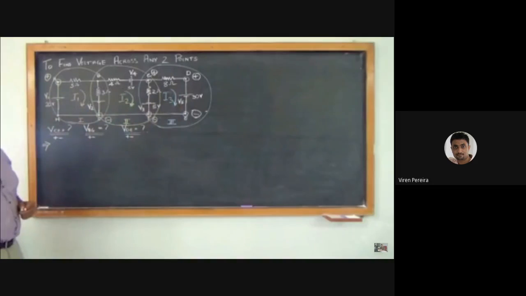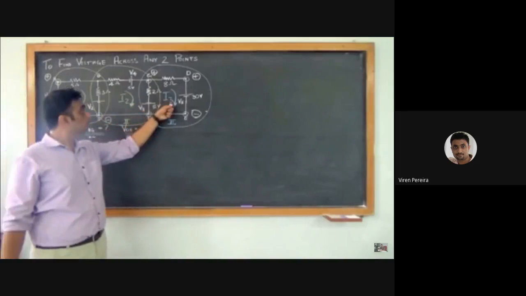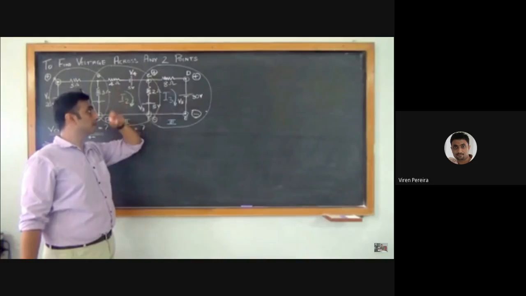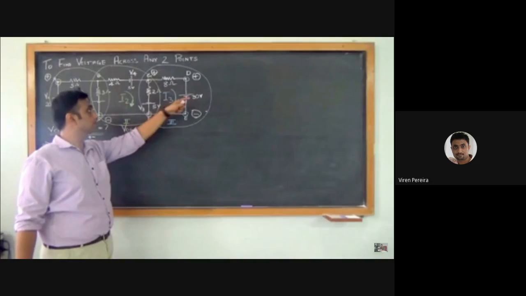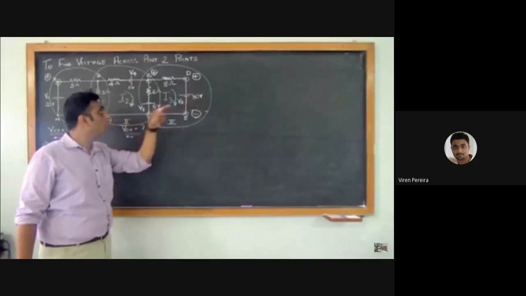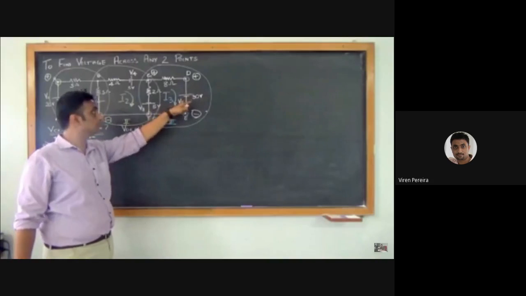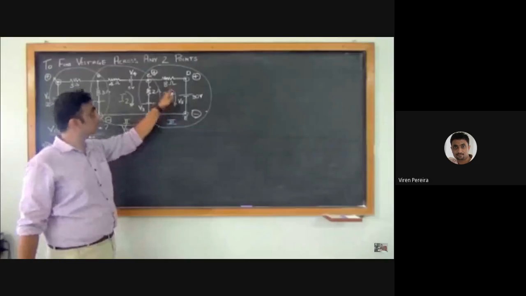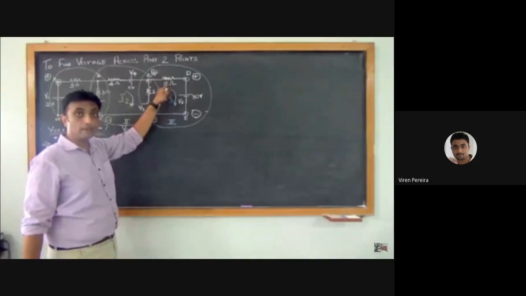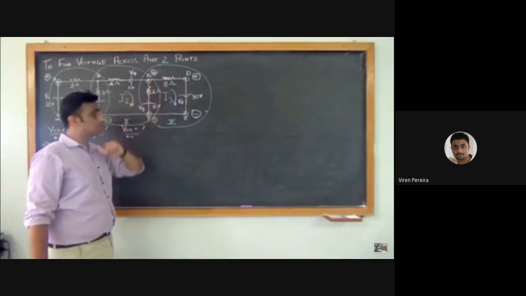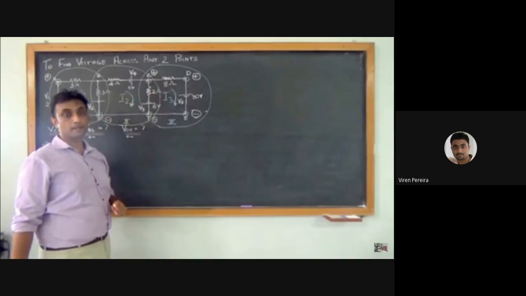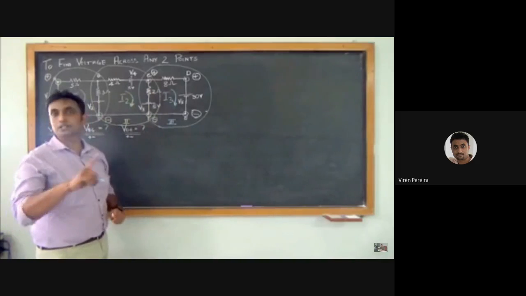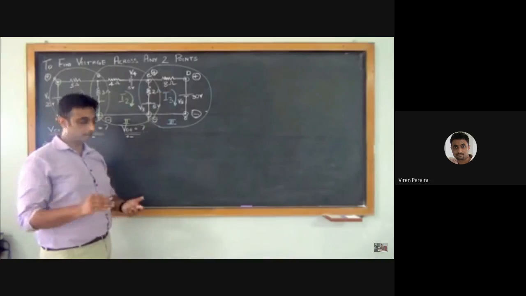How to use this method, as I told, no matter, even if you know that I3 is not flowing clockwise because of the higher magnitude of V5, which is 30 volts, although you can easily come to know that it is going to be anti-clockwise, still you have to assume it in clockwise. The shortcut method won't work otherwise.